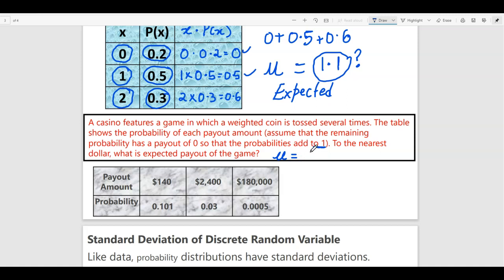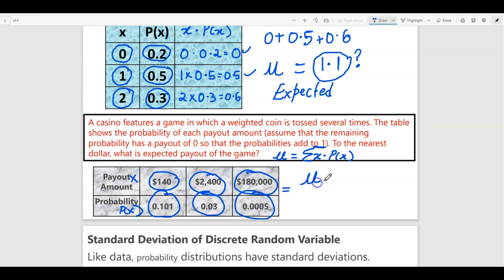I know the formula is I simply multiply x times p(x) and add everything, right? So payout amount, this is my x, this is my probability, which is p(x). So technically I'm multiplying this times this, and this times this, and I'm adding everything together to give me the expected value.